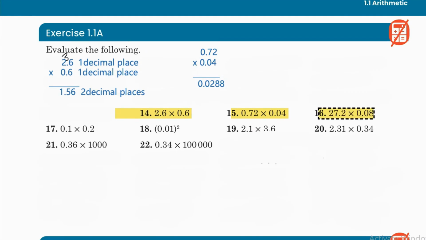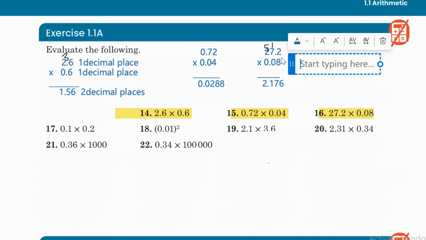Question number 16, 27.2 multiplied by 0.08. We'll multiply as if we multiply whole numbers. 8 twos are 16, 1 is carried forward, 8 sevens are 56 plus 1, 57. Now 5 is carried forward, 8 twos are 16 plus 5 is 21. So far we have not put the decimal here. We'll count the number of decimal places here.